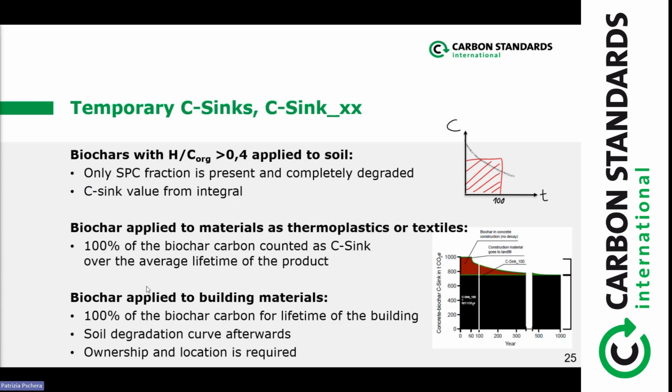And for biochars applied to building materials like concrete, we have 100% of the biochar carbon for the lifetime of the building, and then we apply the soil degradation curve afterwards, as long as the ownership and the location is known. There's also a transition period for this until the end of 26.